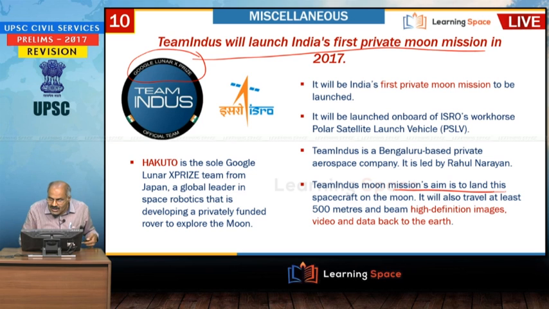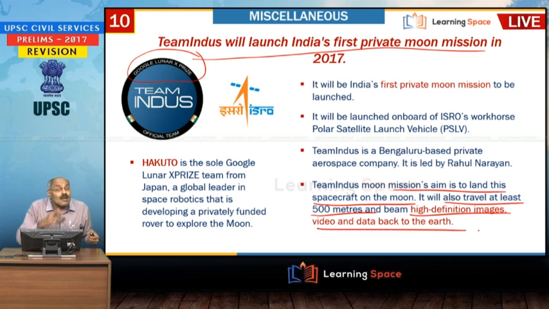Team Indus moon mission's aim is to land the spacecraft on the moon, and at the same time it will also travel at least 500 meters on the moon and beam high definition images, video and data back to the earth.